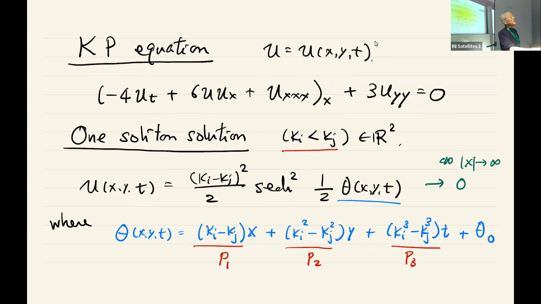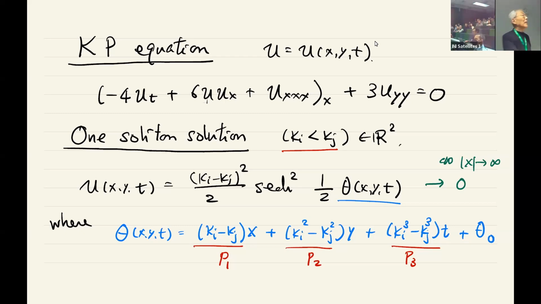Then P1, P2, P3 satisfy the so-called soliton dispersion relation, a linear dispersion relation, and that really makes the game here. So just remember, P1 is the difference between two parameters, P2 is a square difference, and P3 is a cubic difference.